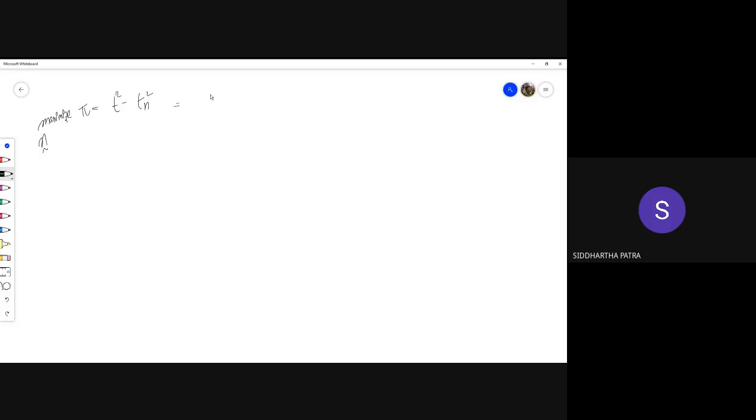Now, t squared is sigma n dot sigma n, and this of course is n dot sigma n, squared. This is a scalar, right? n dot sigma n is a scalar. So I need to simply take the square of that.